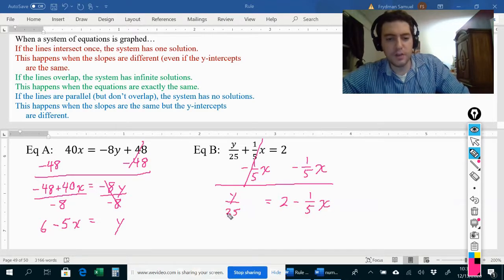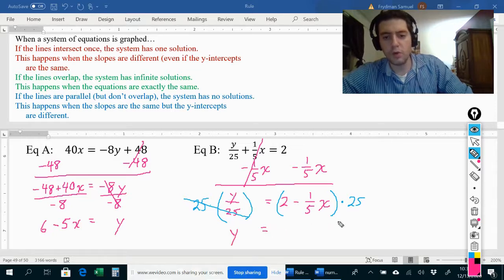And then to get rid of this 25 here, this is y divided by 25. So I'm going to have to multiply this by 25 and then multiply this by 25 also. So these cancel over here and we get y equals, and then let's see, 25 times 2, that's not hard. So that's just 50.